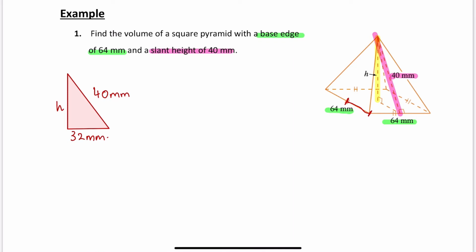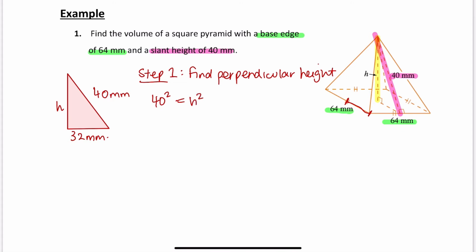So let's do our steps. Step 1, find the perpendicular height by using Pythagoras theorem. So by using Pythagoras theorem, we have 40 squared equals h squared plus 32 squared. Let's make h the subject by minusing 32 squared on both sides.